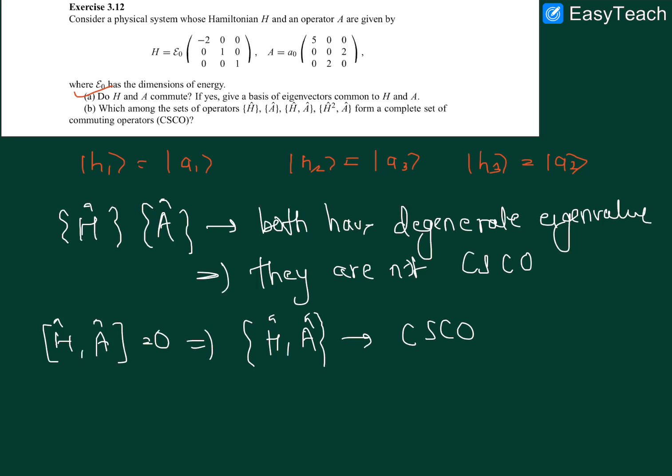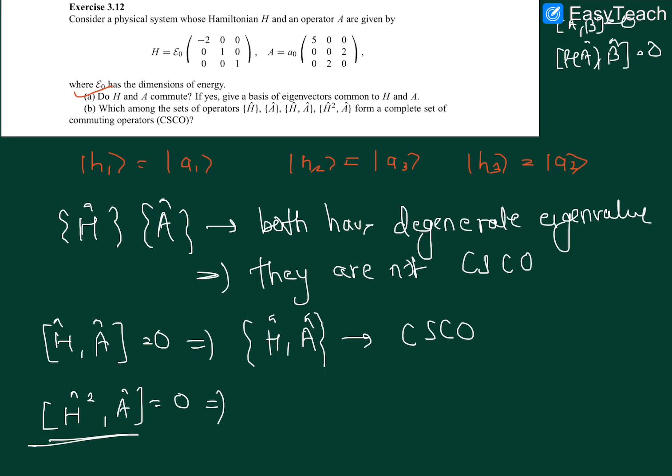Now, from one of the properties of commutators, H square and A cap also commute. The property is that if A and B commute, then some function of operator A and B also commute. So H cap square and A also form a complete set of commuting operators.